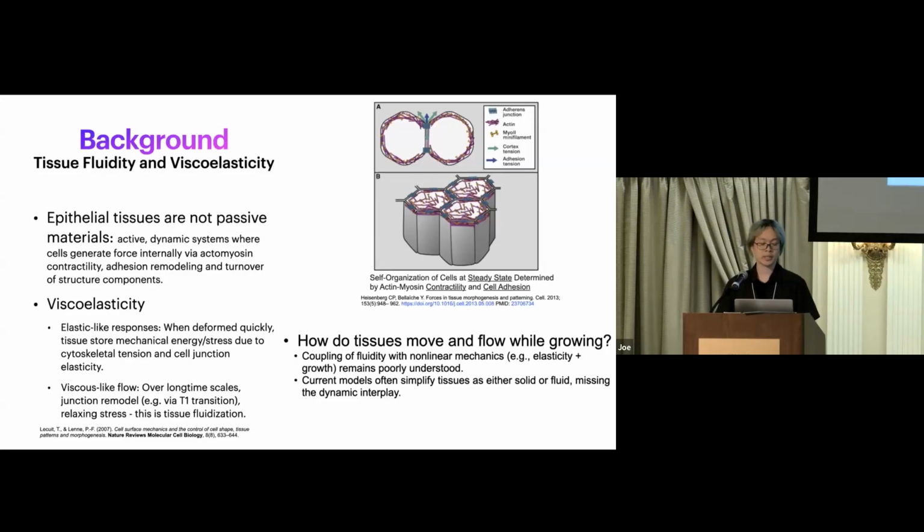It's the junction remodeling, for example, the T1 transition, and that's going to relax the stress. This is what we define as tissue fluidization. But a key question still remains: how does the tissue simultaneously grow while maintaining its mechanical coherence? So this is the question that we want to find the answer to.